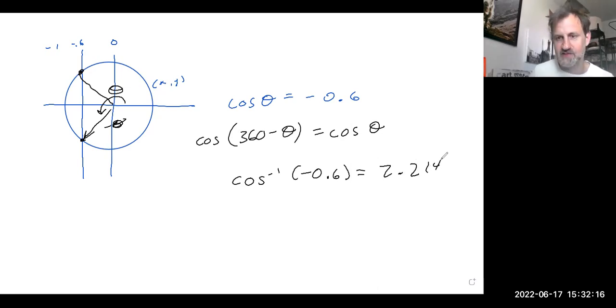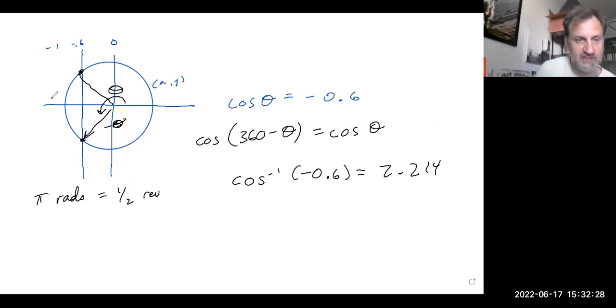Okay, I freaked out for a second and then I reminded myself, oh no, we're in radians. This makes sense. Remember that pi radians is half a revolution. So this is pi over here. What is pi? Well, it's about 3.14. So does it make sense that this is about 2.2 radians? Yeah, that makes sense. It's getting close to 3, but it's not quite 2.3. So this is a sensible answer.